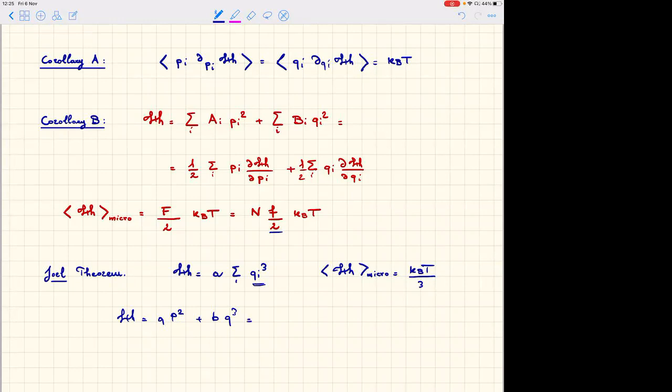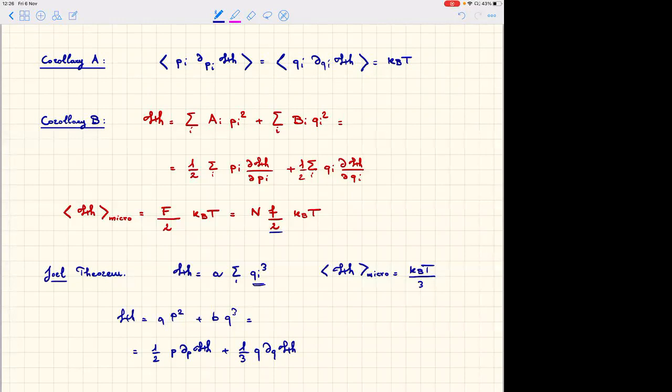Because this is equal to A over 2 p dH/dp plus 1/3 q dH/dq. So, well, you get a complicated expression. Right? Oh, so in case of Joel theorem, the corollary B doesn't hold.